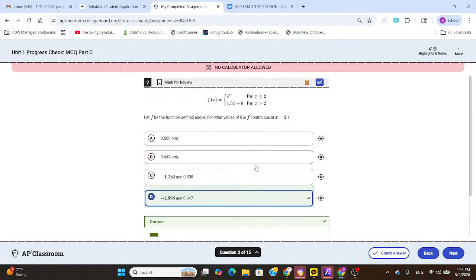Right? Because you have to set them equal to each other and you plug in 2. Or, if f is continuous at x equals 2, you don't have to check for its continuity. And you do a little bit of this and that and you just solve for b.